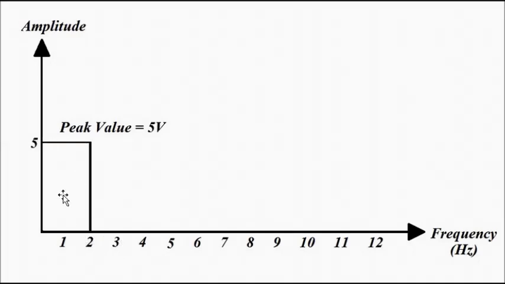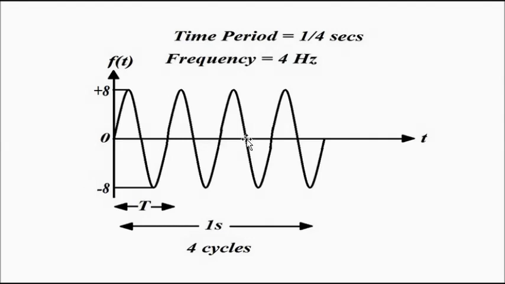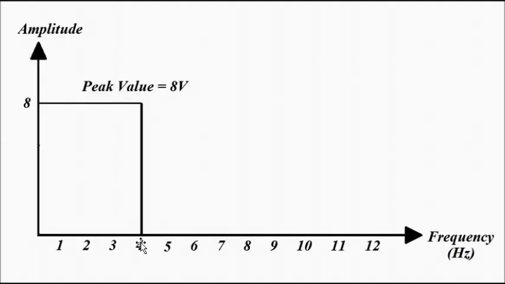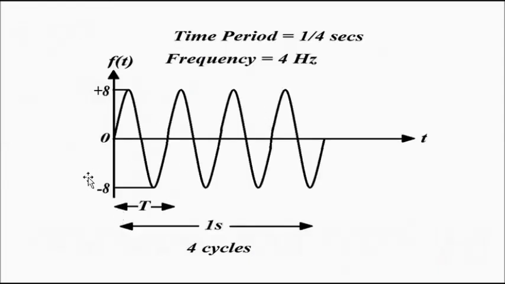Similarly, in another signal, the time period is 1/4 seconds, frequency is 4 Hertz, peak value is 8. So at frequency equal to 4 Hertz, the peak value is 8. This is the frequency domain representation of this signal.